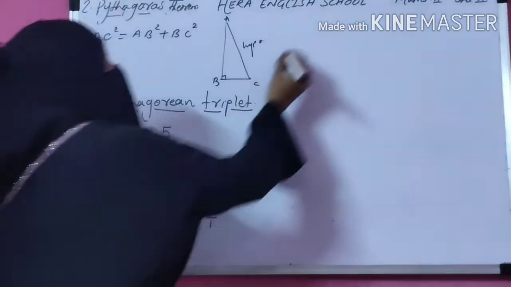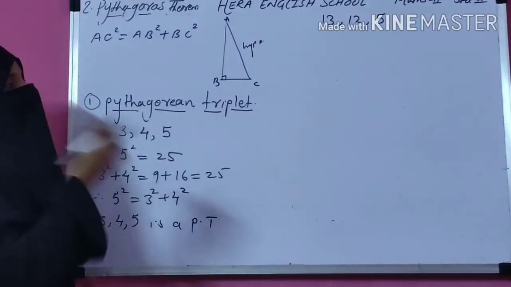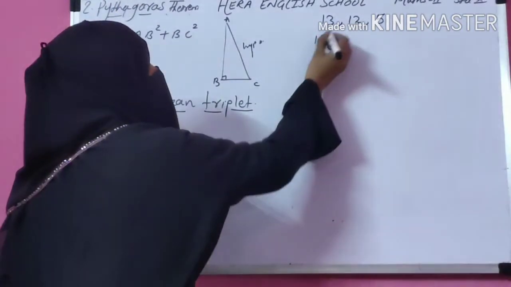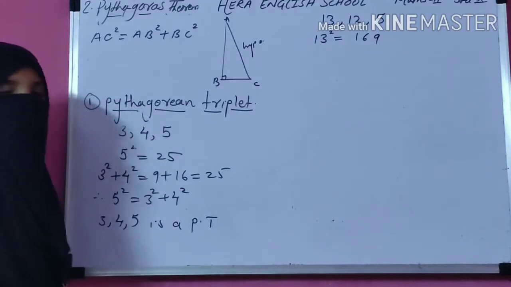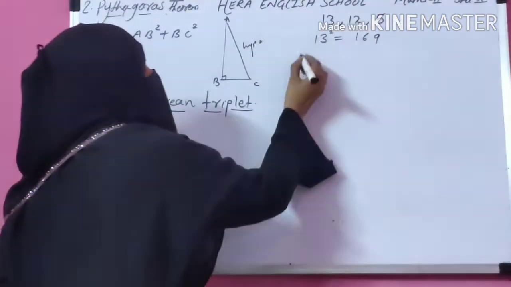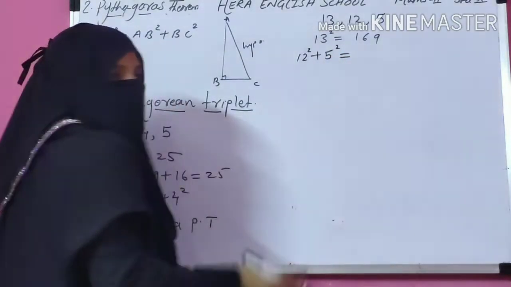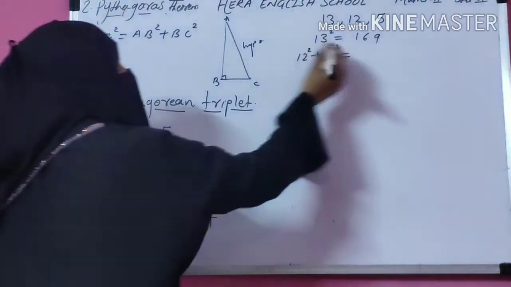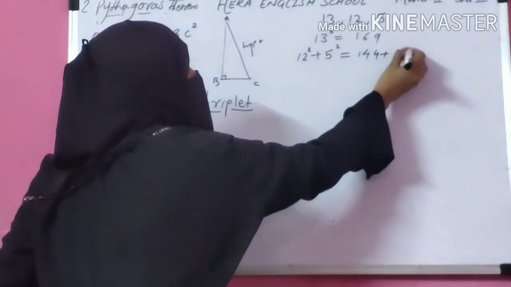Like one more example, 13, 12 and 5. Now here the greater number is 13. Then 13 square is 169. Next is 12 square plus 5 square, that is the sum of the squares of the remaining 2 numbers. 12 square is 144. 5 square is 25.